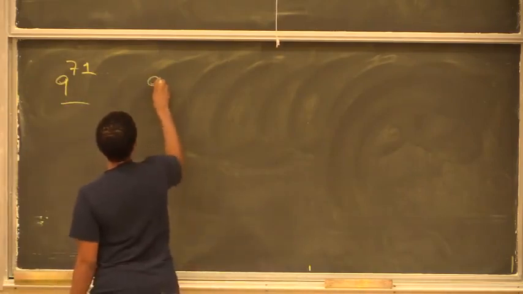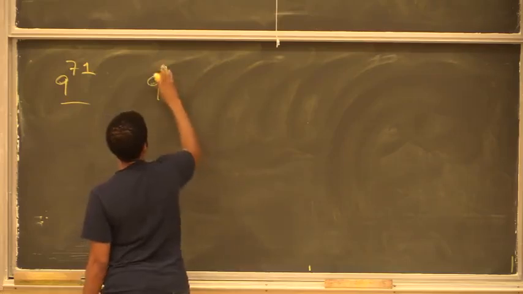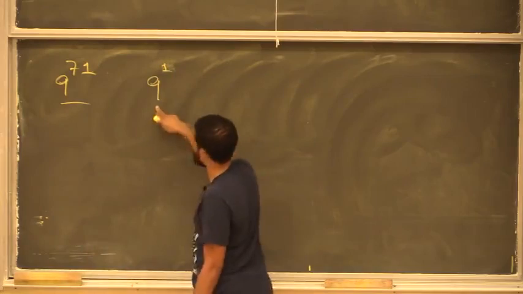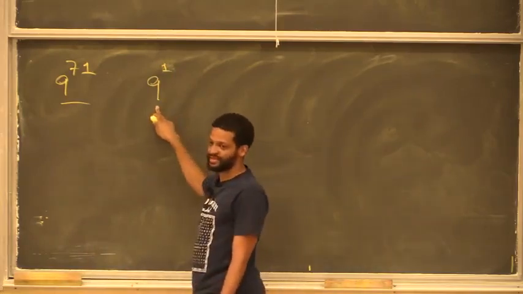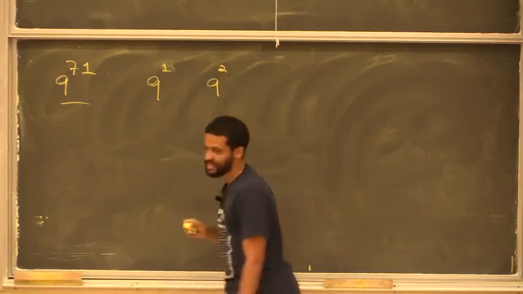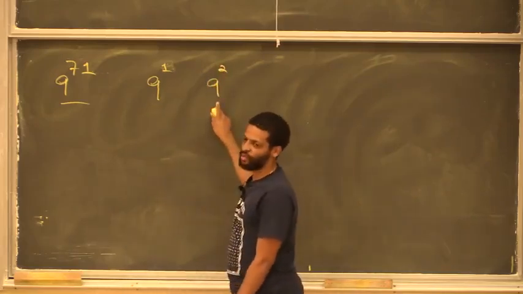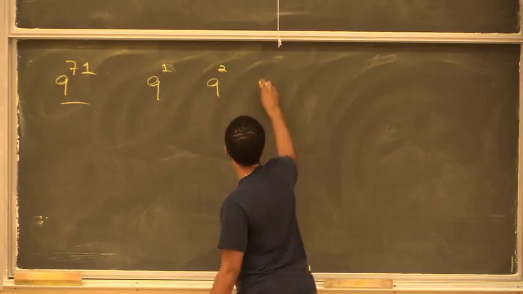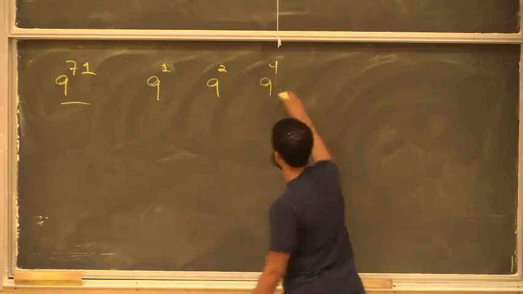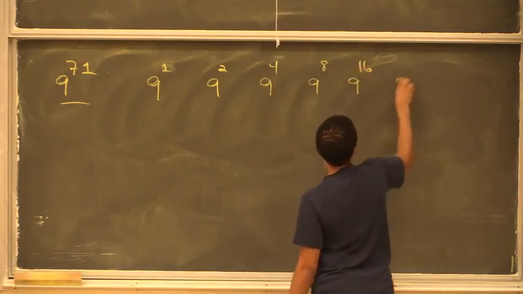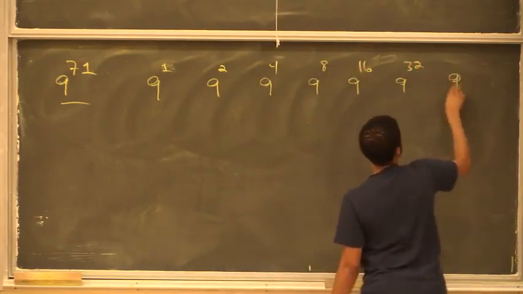I don't really need 9 to the 0. 9 to the 1, which is 9, I can square. That's one flop to square it. That gives me 9 squared. One more flop, I can square it, multiplying it by itself. That gives me 9 to the 4th. I can square that and get 9 to the 8th, 9 to the 16th, 9 to the 32, and then 9 to the 64.